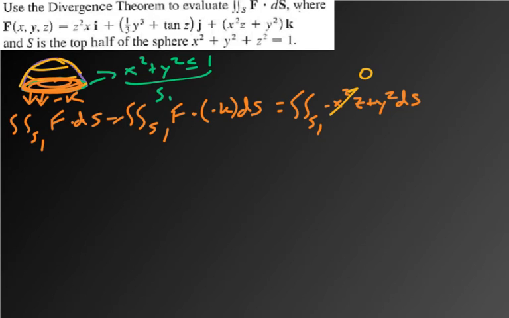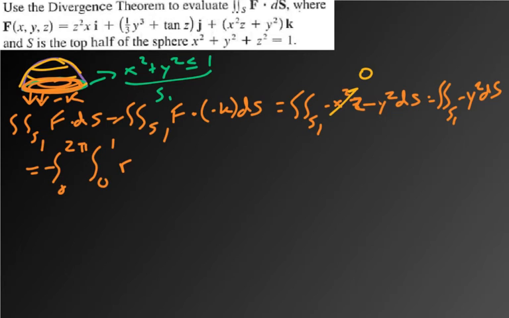When it's all said and done, I don't think I negated that. I don't know how to distribute in math. When it's all said and done, the double integral that I have to do is just minus y squared dS. I would just switch to polar, which is a really easy way to do that problem. You want to go the full 0 to 2 pi, and 0 to 1.